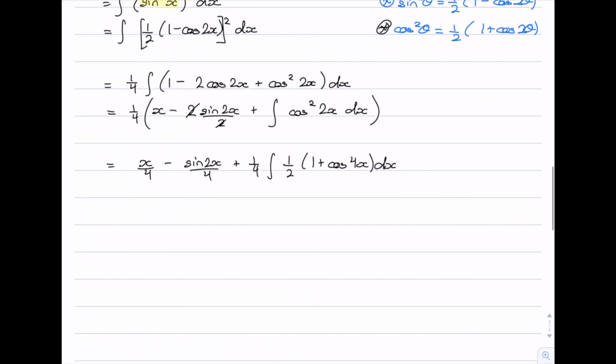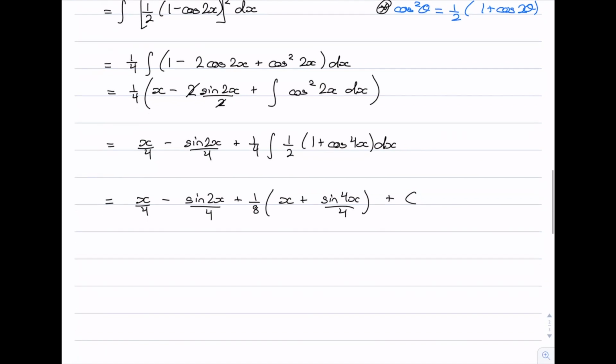Okay, let's move up a little bit, and now we just compute this last integral. So we have sine 2x on 4. If I take that half out, that will give me 1 on 8. Then I have the integral of 1, which is x, and cos of 4x, not to the power, cos of 4x is going to be sine 4x on 4 plus c.